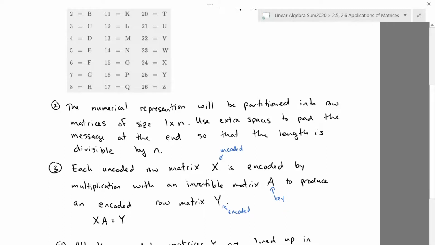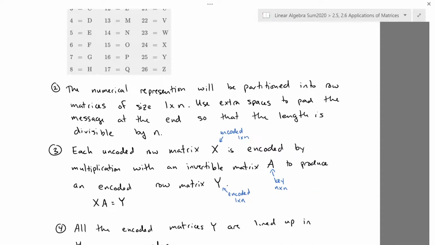A is going to be an n by n matrix. The uncoded is going to be 1 by n. The encoded is also going to be 1 by n, and you can see that the sizes match up. So X is 1 by n, A is n by n, the n's match up here, and Y is 1 by n.